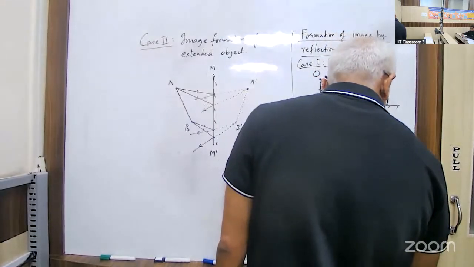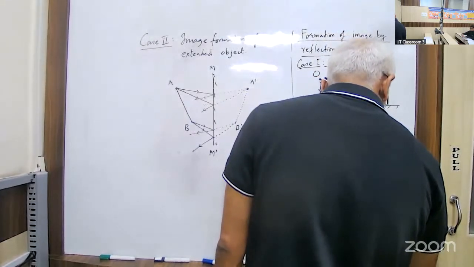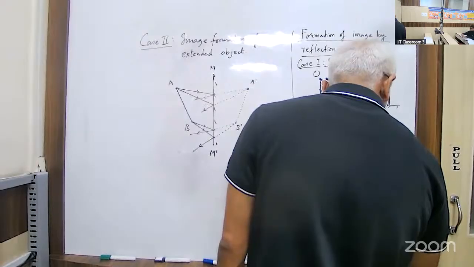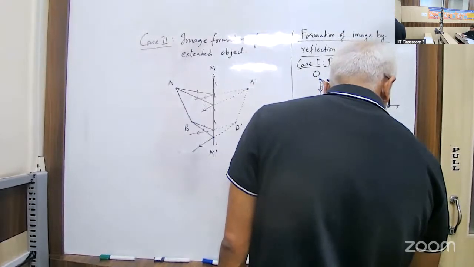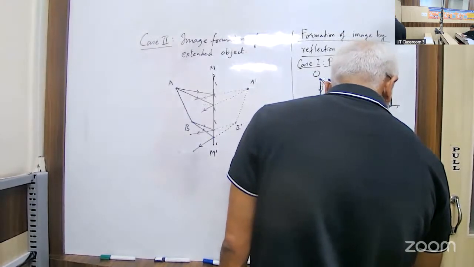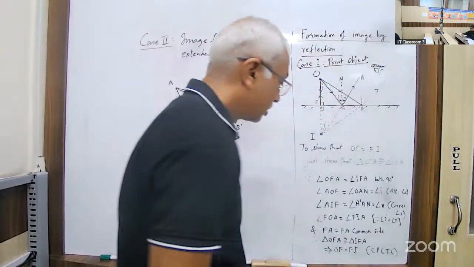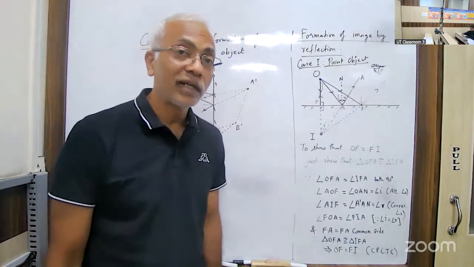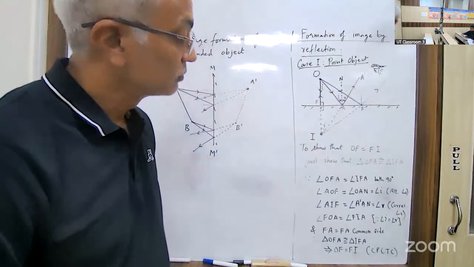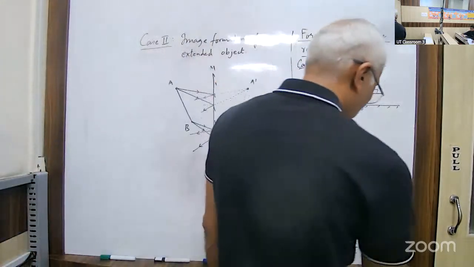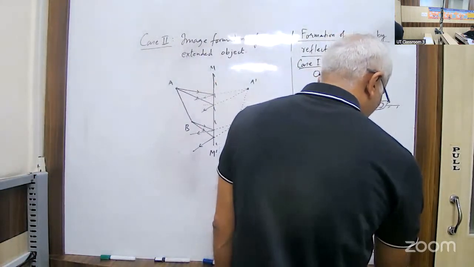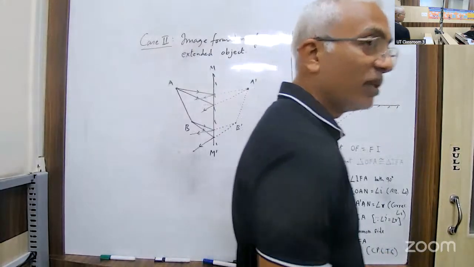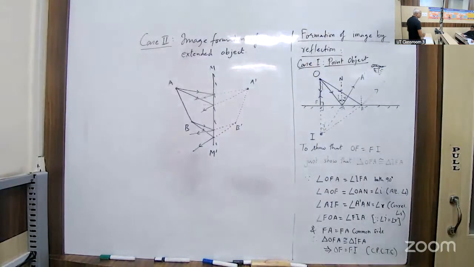Corresponding parts of congruent triangles. Corresponding parts of angles are found. In ICSE, we don't say CPCTC, just CPC.